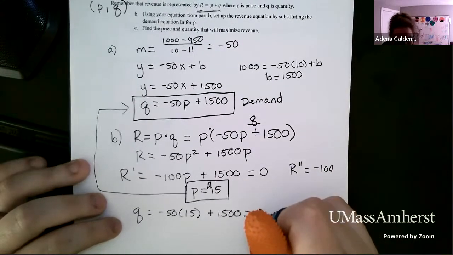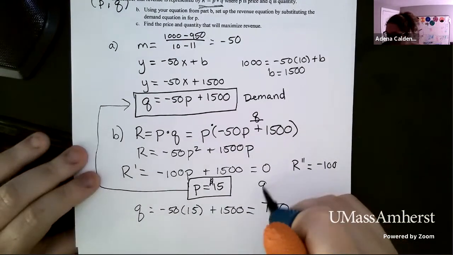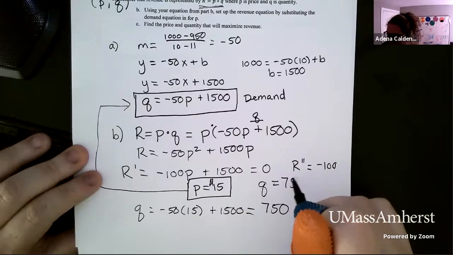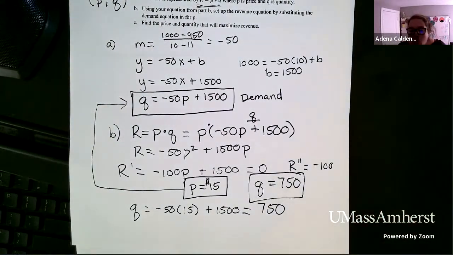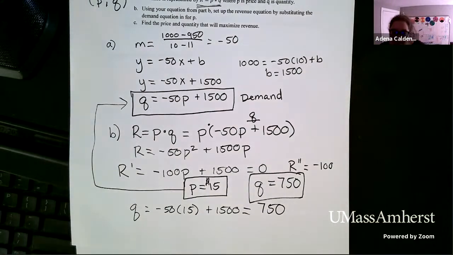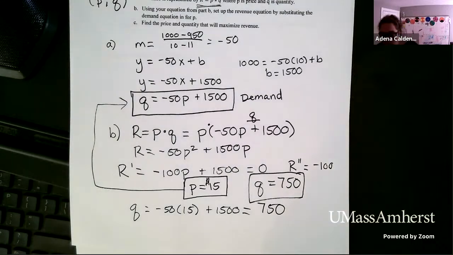And that's going to give me a quantity of 750. So when the price is set at $15, the quantity demanded will be 750 tickets, and that will maximize our revenue.